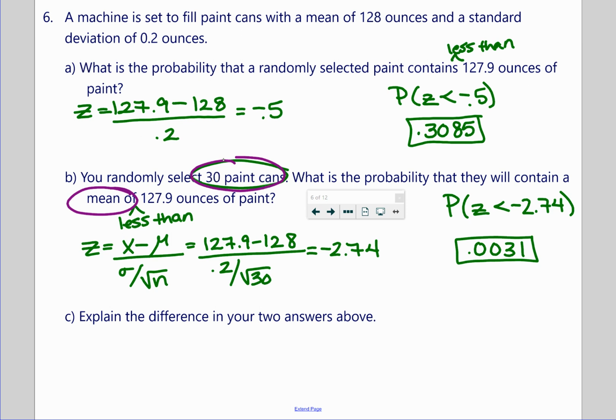So part A is a paint can, part B is the mean of 30, and that's why we're getting a smaller probability of that happening. Any questions on that?